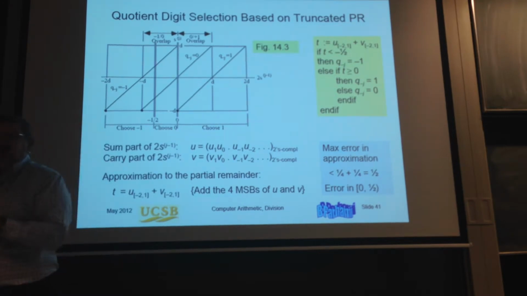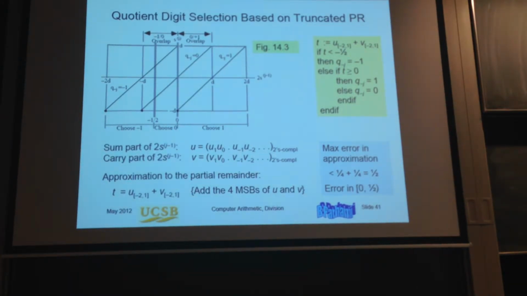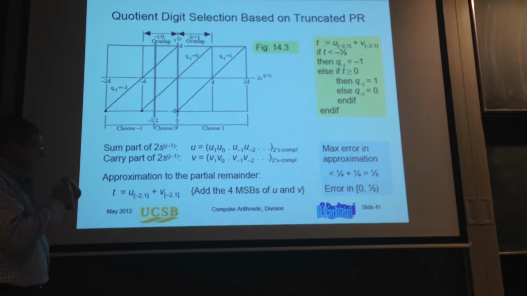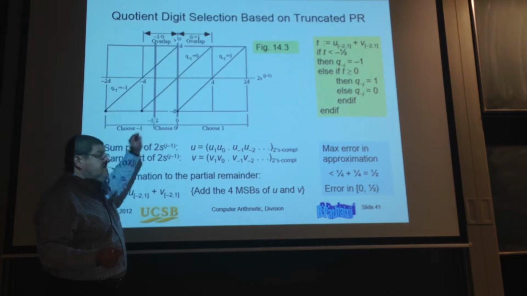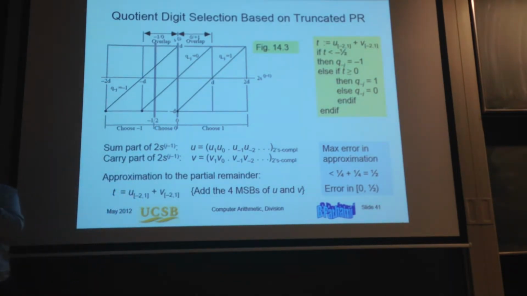Now, I'm speculating on this freedom, and instead of propagating the carry and precisely computing the partial remainder, I will just compute an approximation of it, which is no more far away than 0.5 from the reality. Because of these overlapping regions, this approximation can help me to make a choice which is still good.